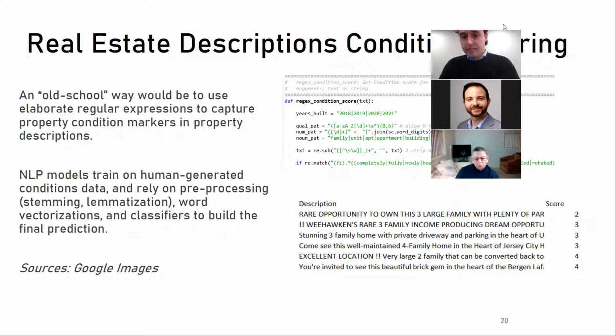So one needs a human-generated conditions data as the dependent variable, and then some pre-processing of the textual descriptions, like stemming, lemmatization, and vectorization.